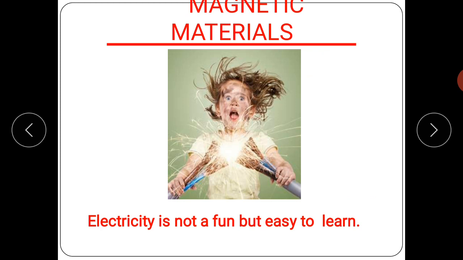The magnetic parameters of materials are permeability, magnetic dipole moment, magnetization, magnetic susceptibility, and Curie temperature. These are the five parameters of magnetic materials.